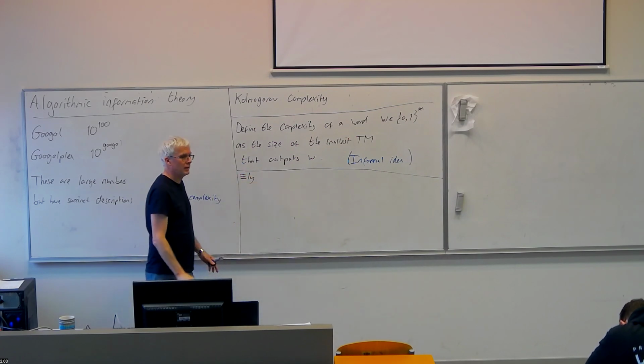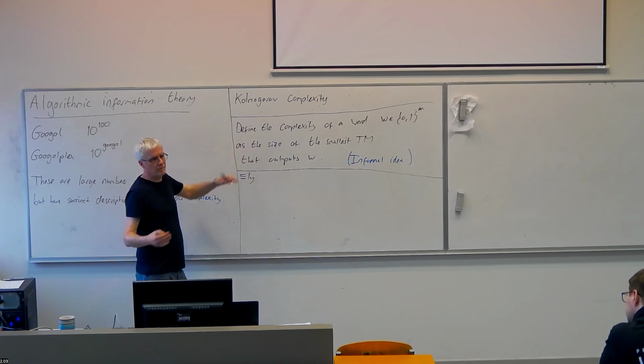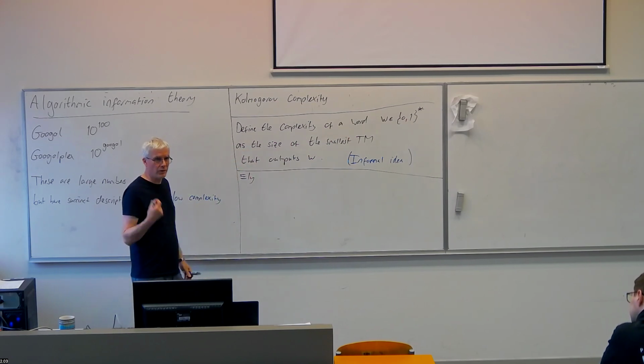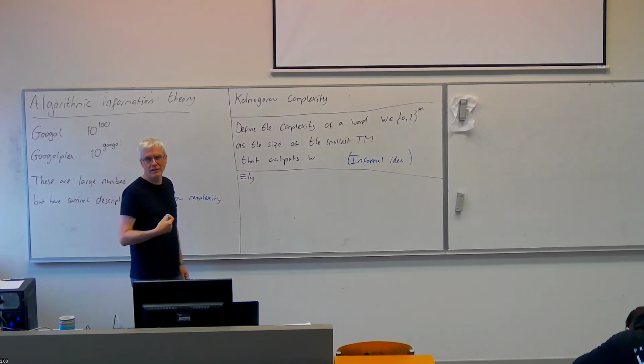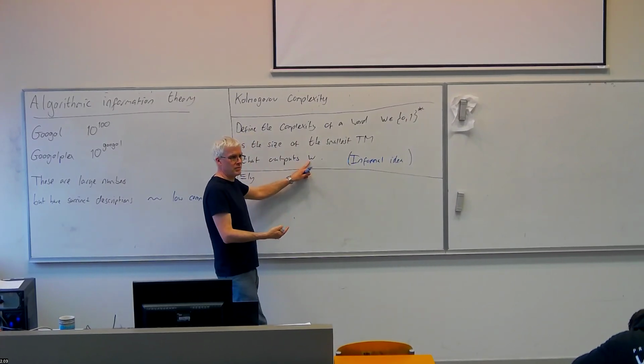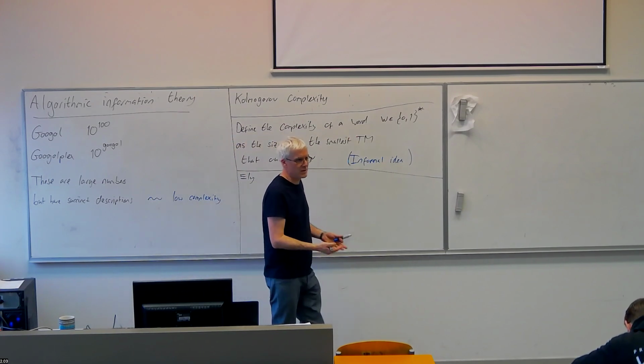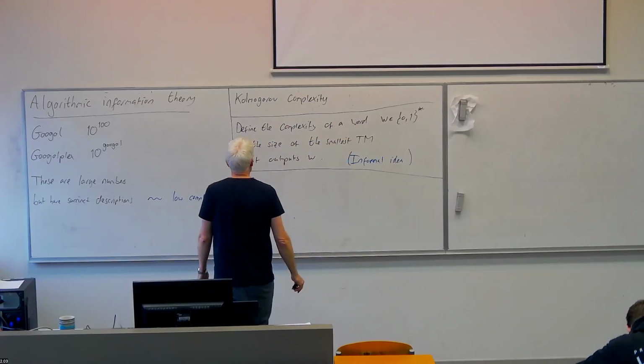So equivalently, rather than considering the size of the Turing machine, instead of using arbitrary Turing machines, we could just use one Turing machine, the universal Turing machine, and think of the size of the input we need to give the universal Turing machine in order to get the output, the word W. Because the input to the universal Turing machine is an encoding of the Turing machine that we're simulating, and considering the size of that is pretty much the same thing as considering the size of the Turing machine.